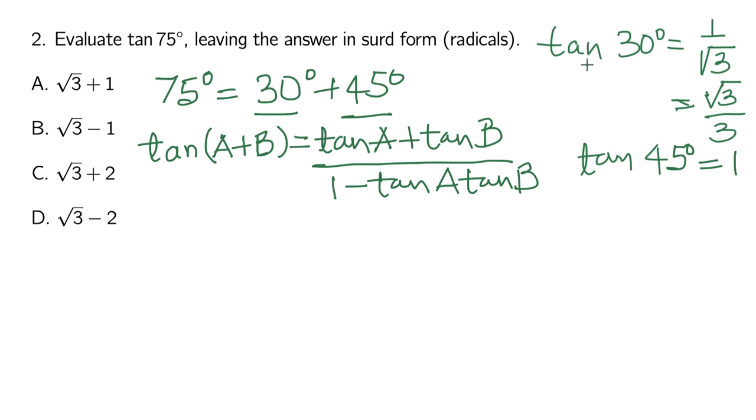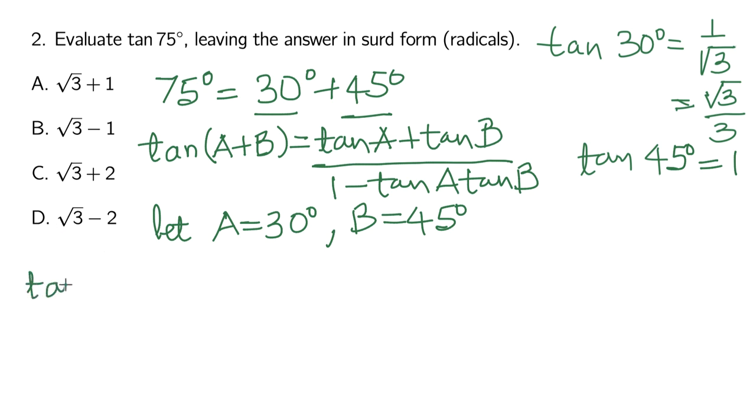So knowing now tan 30 and tan 45, we just substitute them into this formula. So let A be 30 degrees, and then B be 45 degrees. So you just substitute. So tan 75, which is now tan (A plus B).